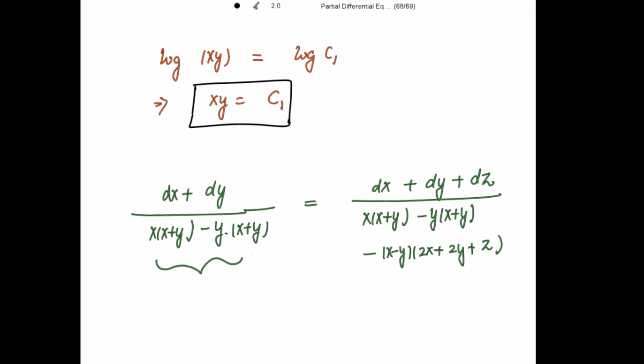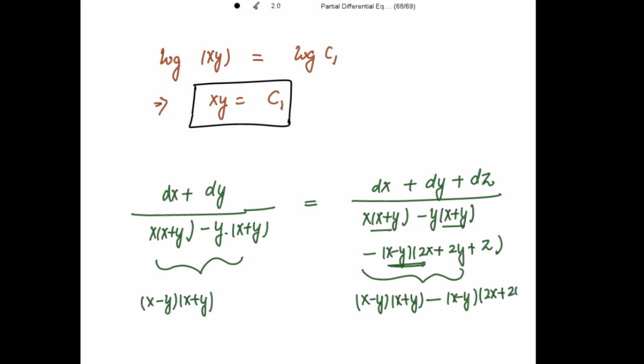Let's work on the denominators first. From here I get (x − y)(x + y), right? And from here, if I take x + y common from these two, I get again (x − y)(x + y), minus, writing this as it is, and from these two terms, if I take x − y again common, I get x + y − 2x − 2y − z.